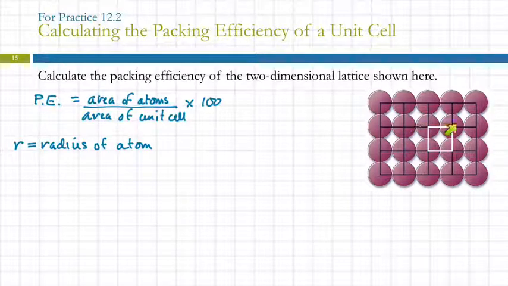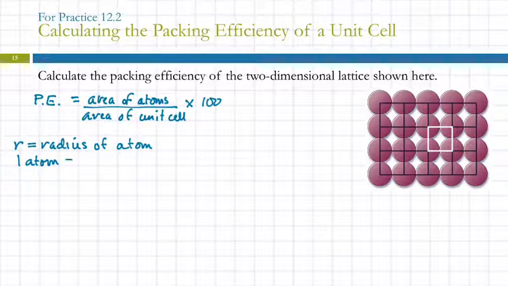So in this white square, if we put these pieces together, how many atoms or circles are in that square? 1, right? Because here's a fourth of a circle, and here's a fourth, and a fourth, and a fourth, and there's 4 of those. So there's 1 atom in the unit cell.